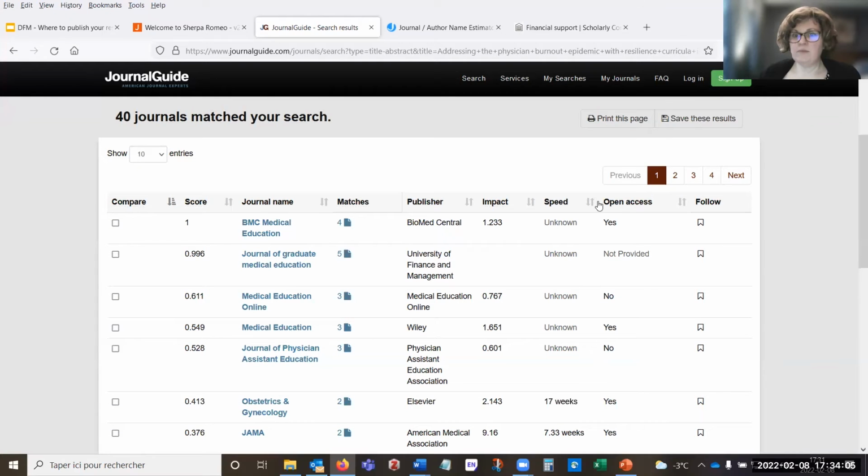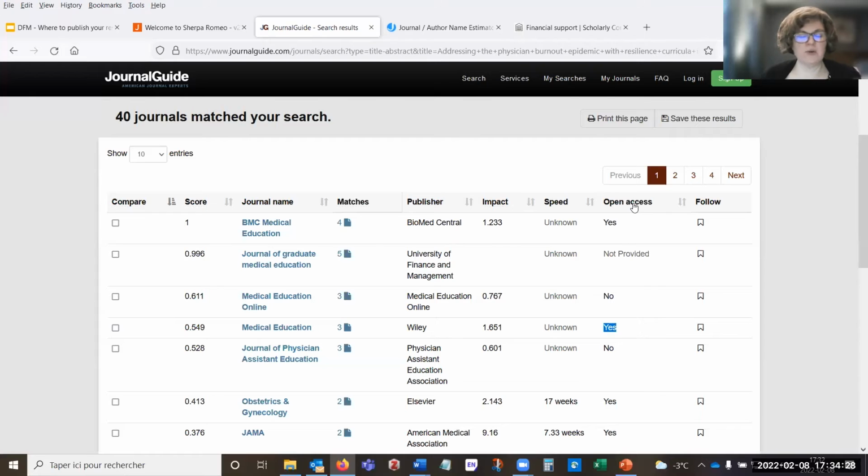Okay, I want to mention quickly open access. They're saying if the journal is open access, but I did some digging, and I believe they are adding journals as well, I can't remember which one it was when I tested it, that are hybrid. So they are unfortunately including hybrid journals.